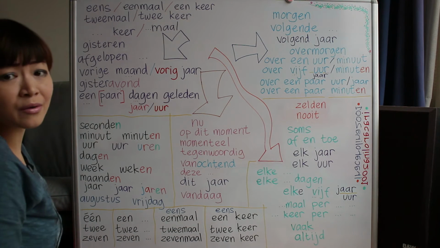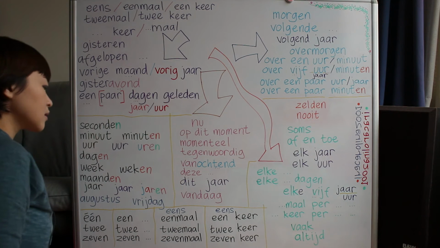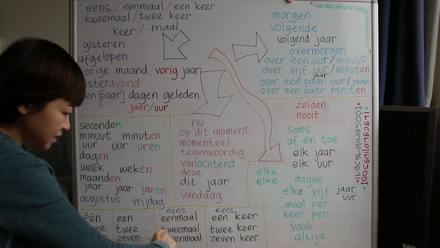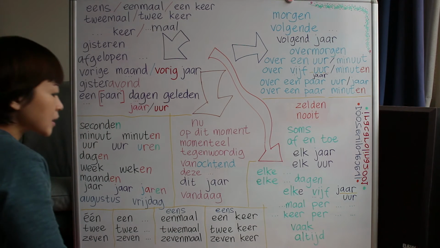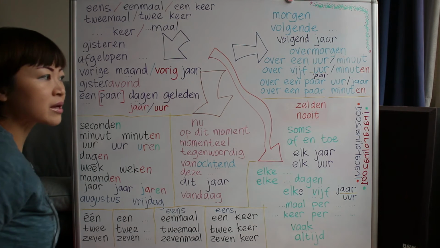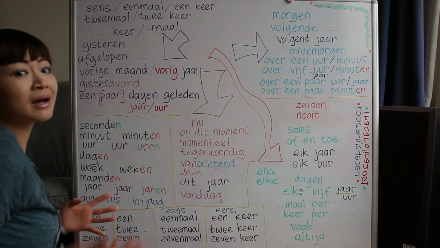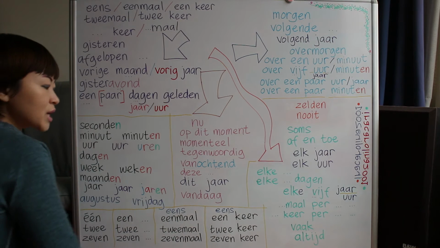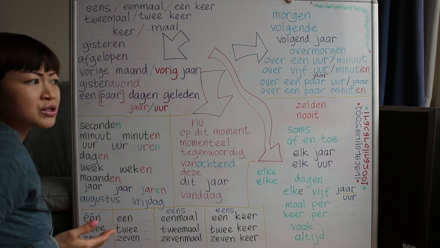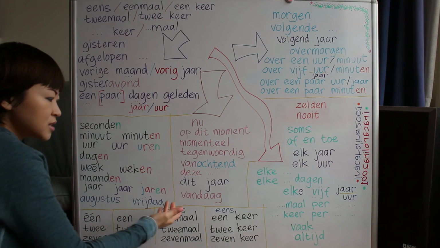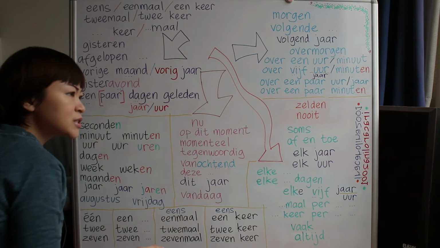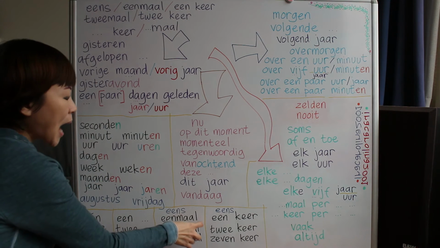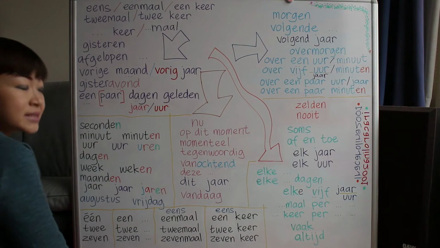In English, we have the word once. That once is translated in Dutch as eens. But when we say one time, the time itself comes with maal or keer. So when you say once, you say eens, but you can also say one time with maal or keer as the time.